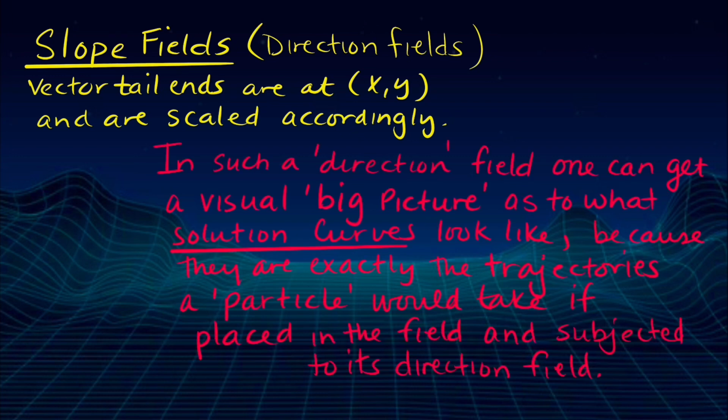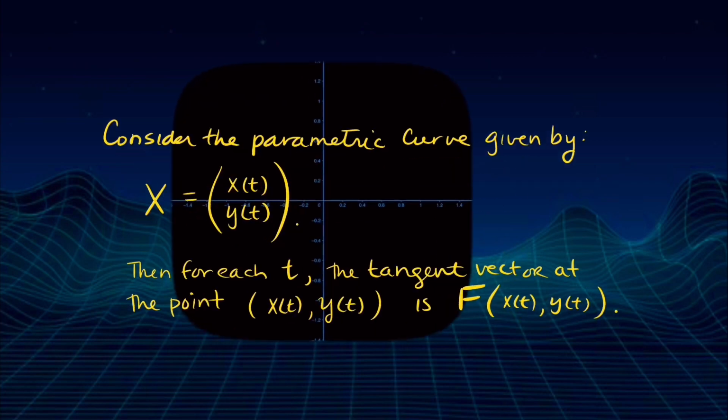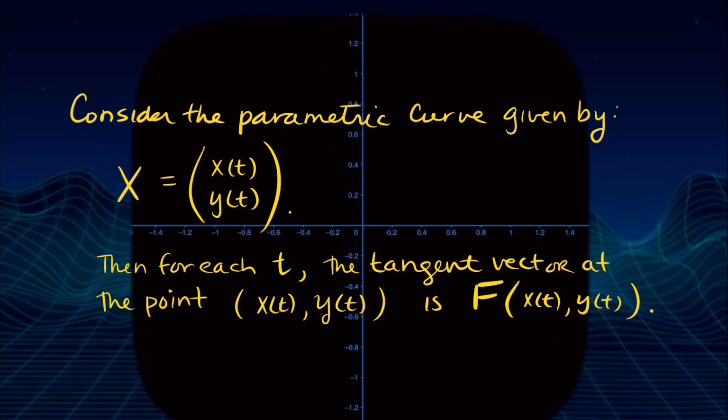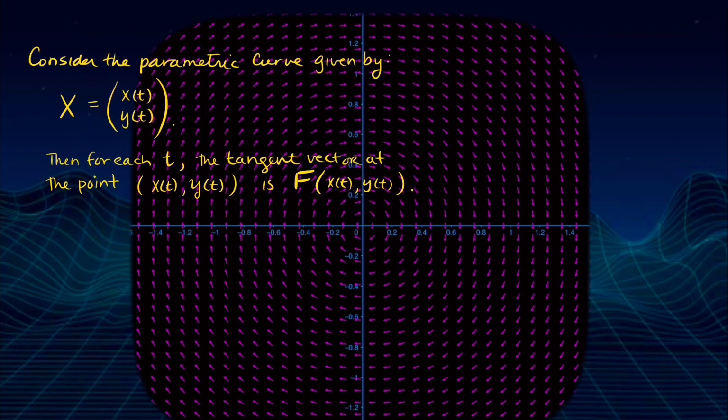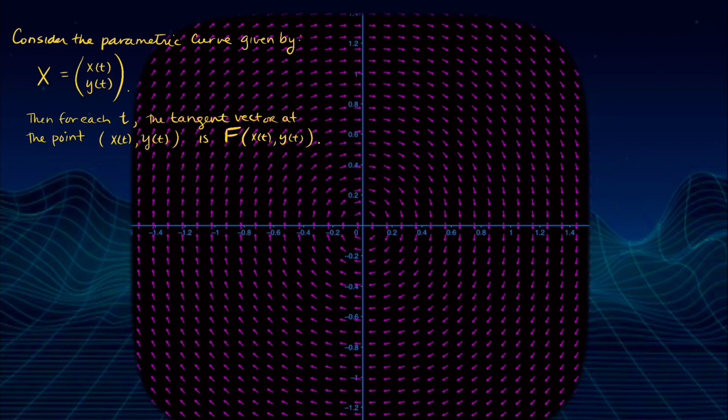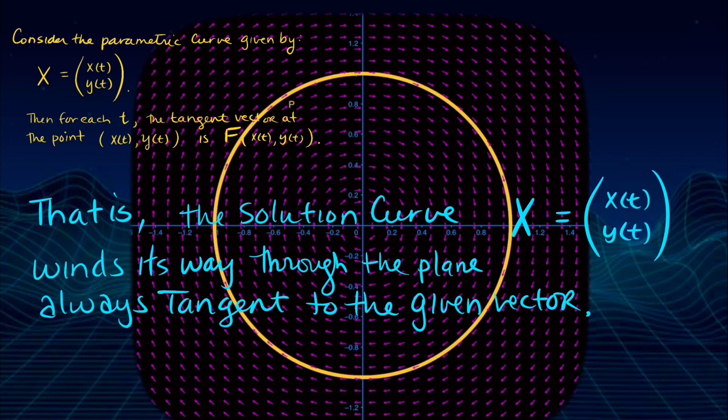And in such a direction field, one can get a visual big picture as to what the solution curves look like, because they are exactly the trajectories that a particle would take if placed in the field and subjected to its direction field. So if our differential system has a solution vector x given by a parametric curve, then for each t, the tangent vector at each point tells the solution curve how to move, and so it winds its way through the plane according to the direction field.